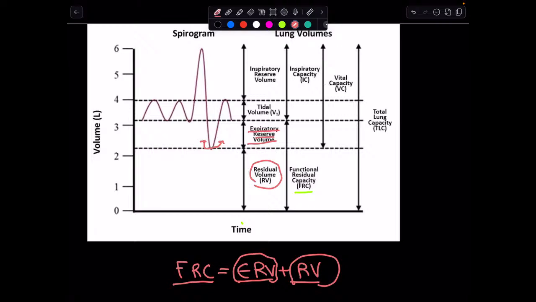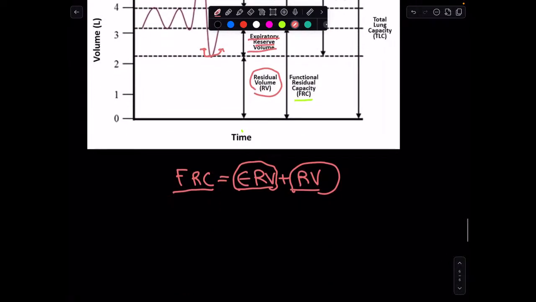So what exactly in the name functional residual capacity allows it to be the addition of ERV and RV?